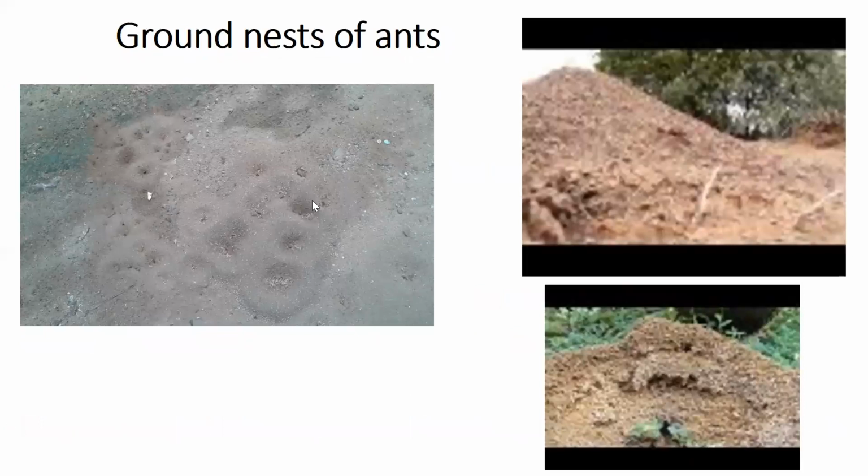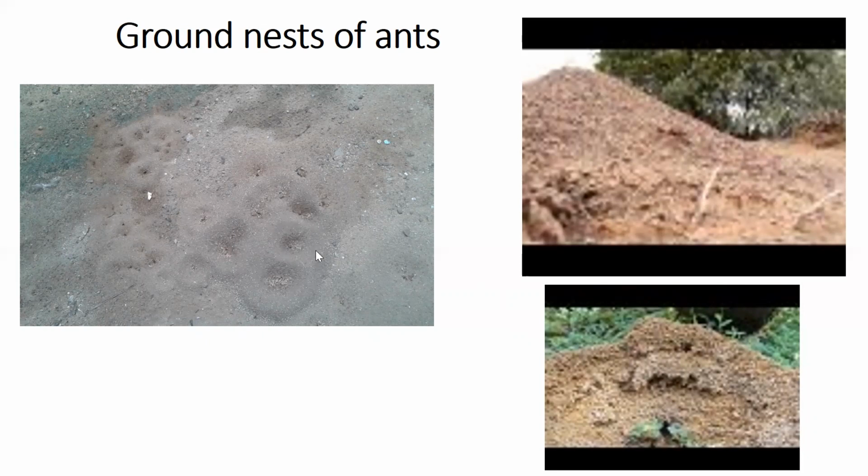I added these images to show you several different ant hills or nests. In your home garden, you might see this sort of area with tiny holes at the middle and a sort of hill, right?